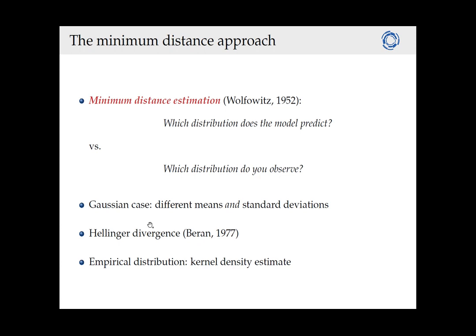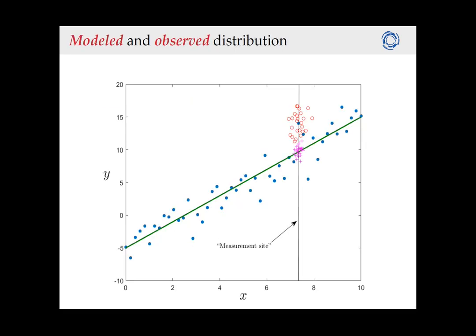A very popular distance measure or similarity measure between those distributions in minimum distance estimation is the Hellinger divergence. And for the empirical distribution, the distribution that is suggested by the data, often a kernel density estimate is used. So geodesic least squares is similar to minimum distance estimation, but there are also important differences.